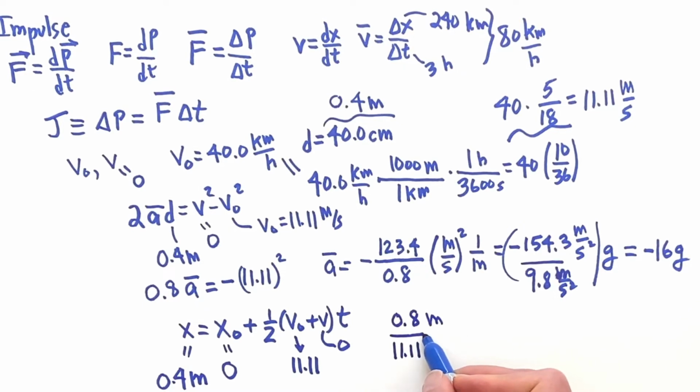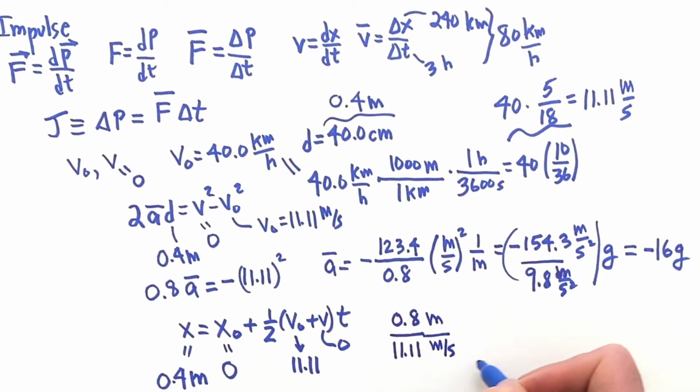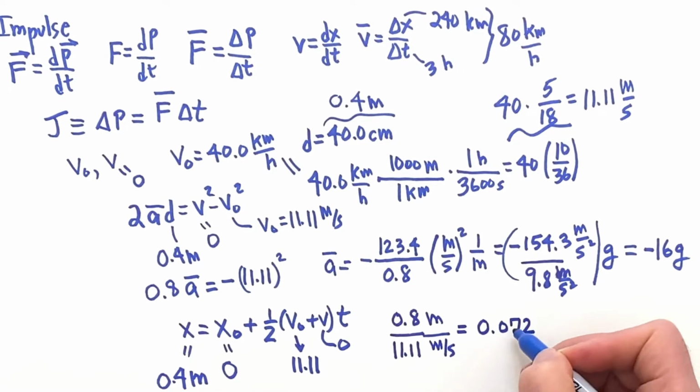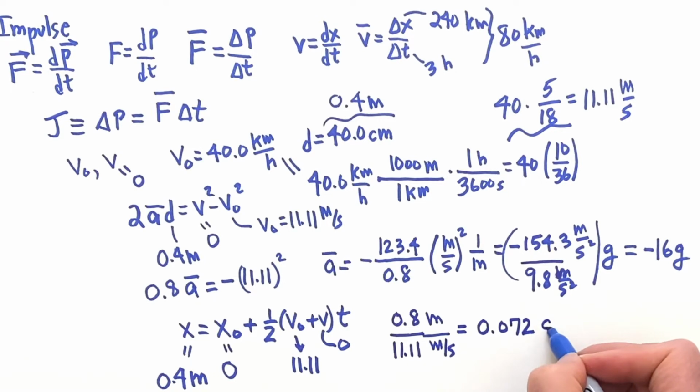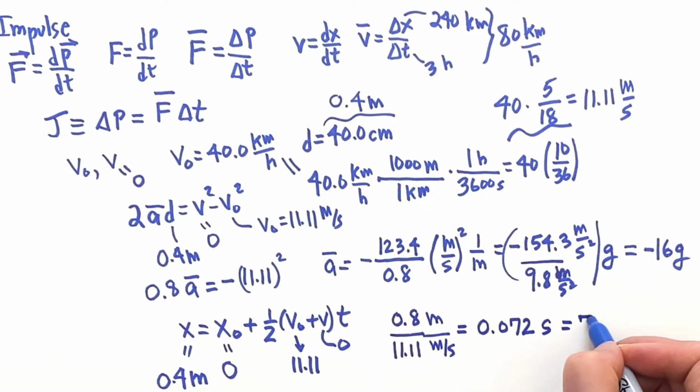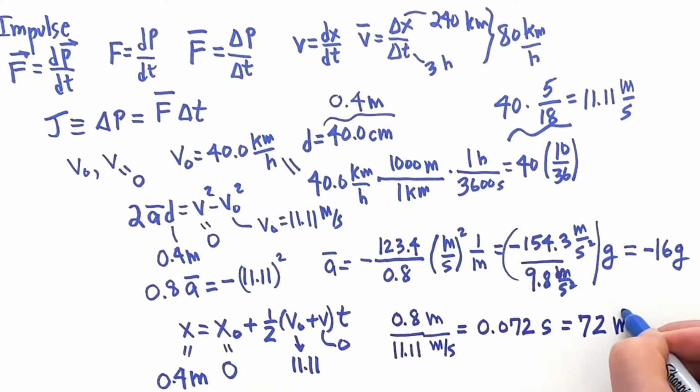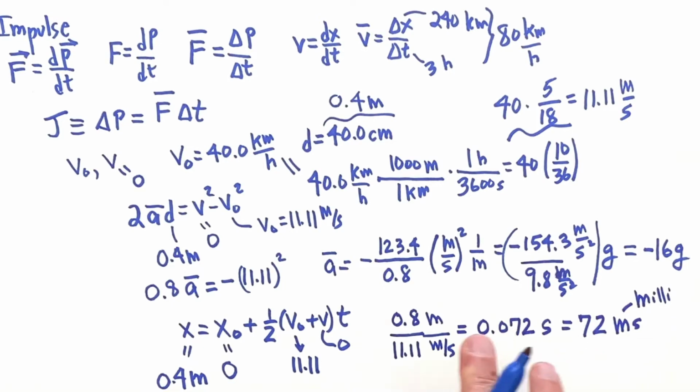If I put the units in, I'll have meters per second. The meters will cancel, and 1 over second will flip up. And this will be 0.072 seconds, which is equal to, if I bring the decimal over 3, 72 milliseconds, where milli stands for 1,000th. So see how we got this milliseconds out of the data that we had in the problem.